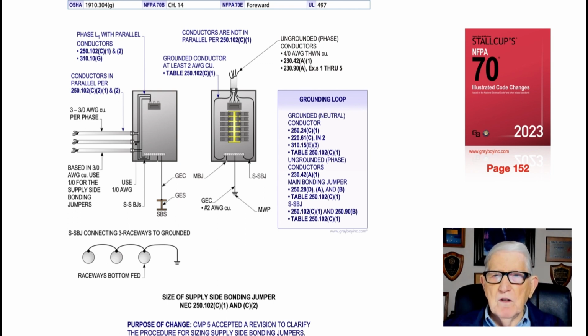But now moving to the left, we have 3 alts in parallel, and that coordinates with 310.10G as well as 250.102C1 and 2, along with table 250.102C1. Based upon it being a parallel hookup, then 1 alt is used for each one of those conduits to bond it into the grounded bar.